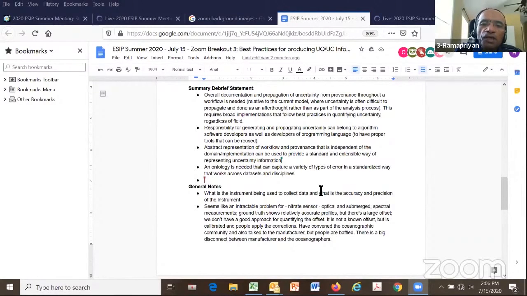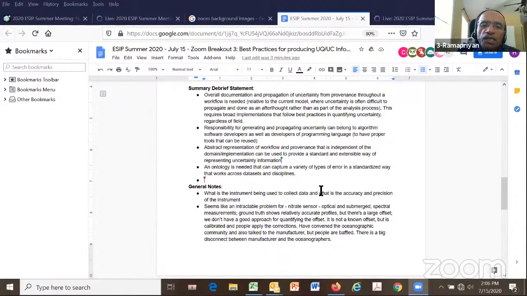Making things open source and encouraging people to use them is a very useful thing to do. An abstract representation of workflow and provenance that's independent of the domain and implementation can be used to provide a standard and extensible way of representing uncertainty information.